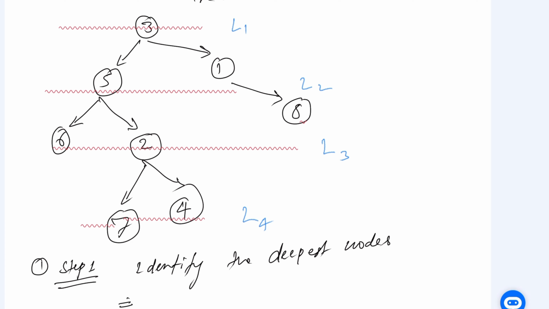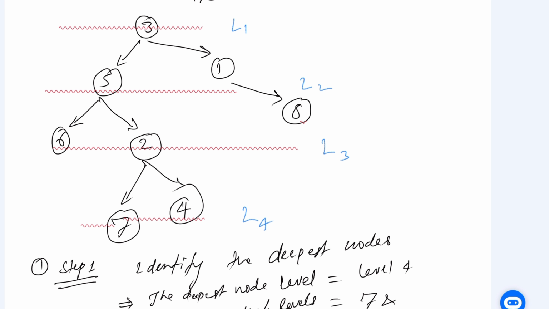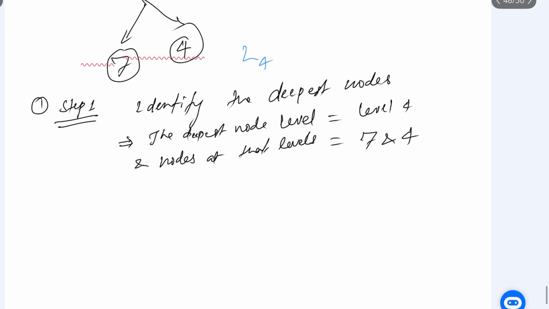So we'll say the deepest node level is, right, node level we can say is what? Level 4, and nodes at that level are 7 and 4.